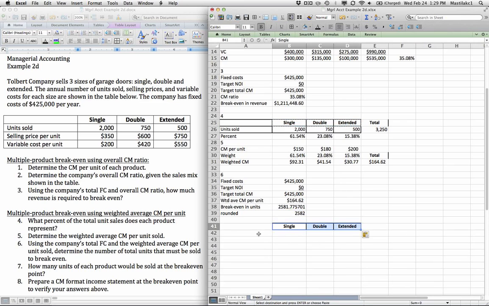If these are our 3 products, and we know that each product represents a particular percentage of units sold, what we can do is take each product's percentage of units sold and multiply it by the total number of units being sold. And again, I'll round that up.